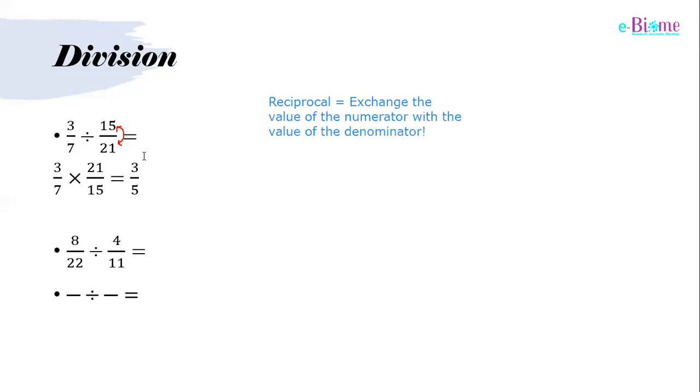And so we continue with what we've learned about multiplication. We first see if we can simplify, and then we multiply the numerators and multiply the denominators, keeping it as a fraction.